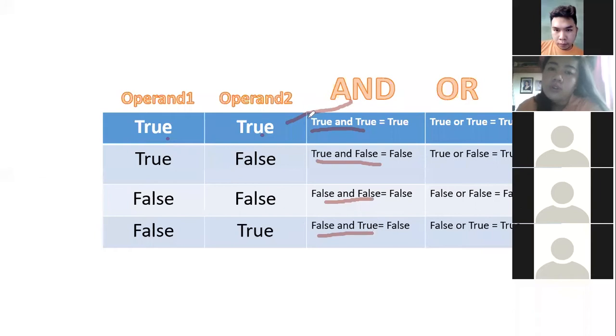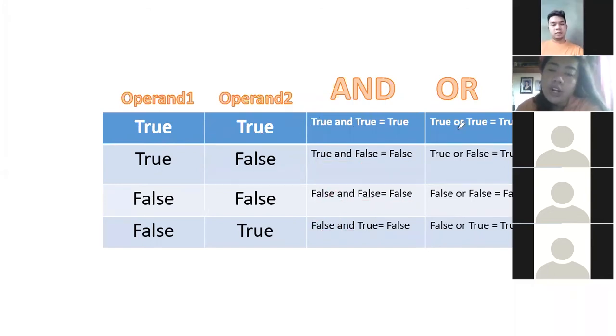Okay? So, true and true, answer is true. True and false, answer is false. False and false, answer is false. False and true, answer is false. Again, if one of the operands is false, the answer is false. For this one, bakit true? Kasi wala siyang false.